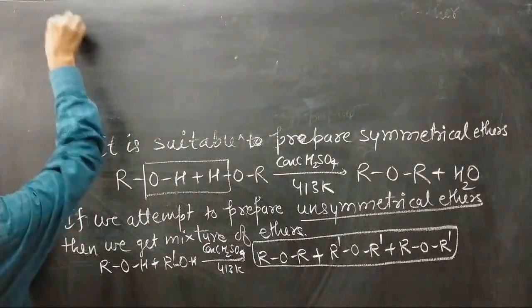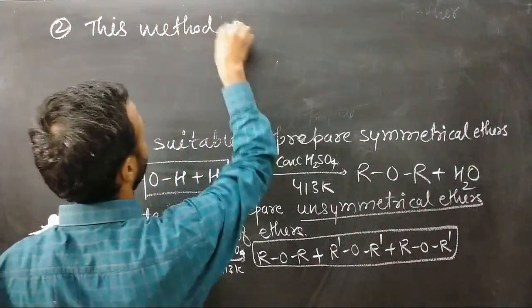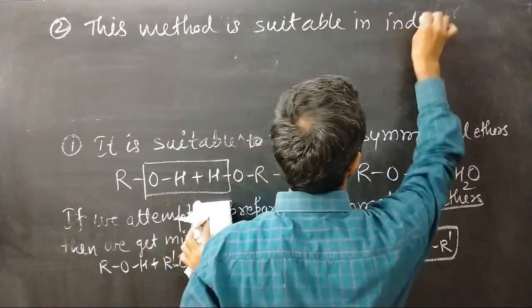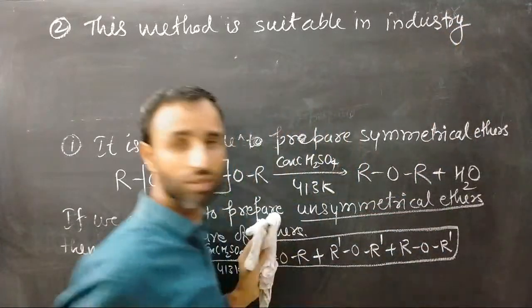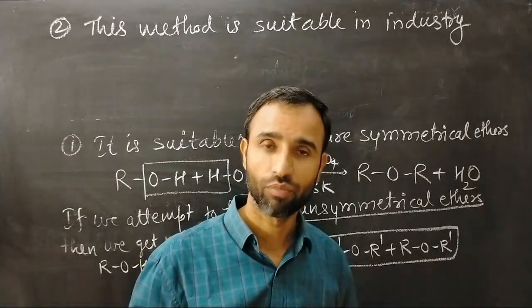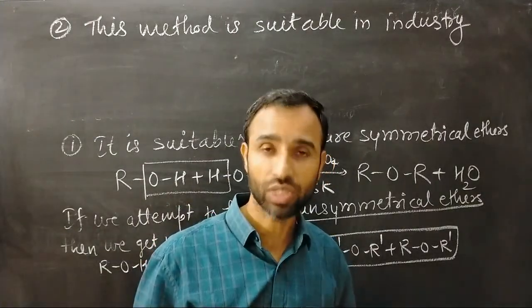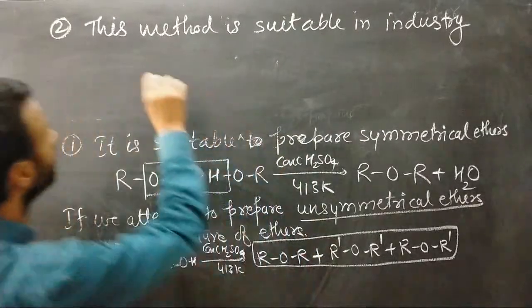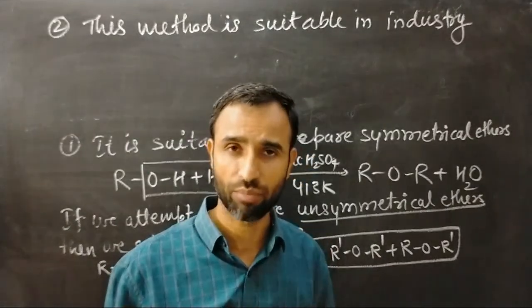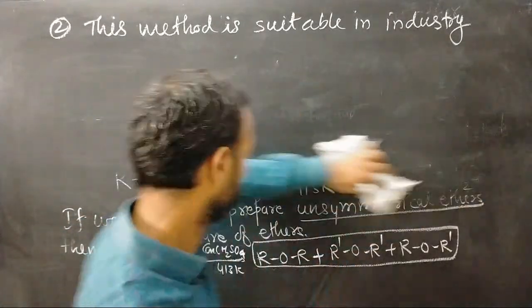So this method is suitable in industry because where we can control the conditions, we can have a control over temperature, we have a control over the concentration, right? But it cannot be a laboratory method because in the lab we cannot control the temperatures. Okay? So these are the limitation of this method.